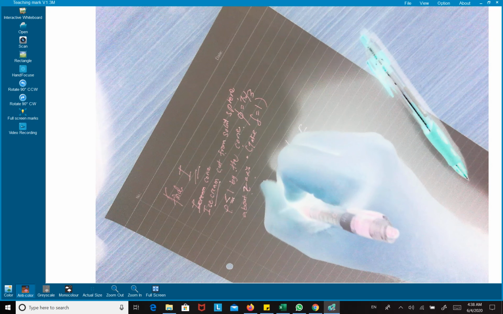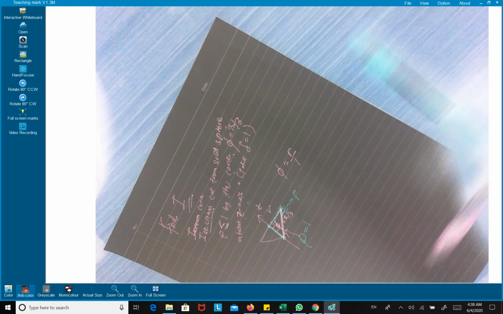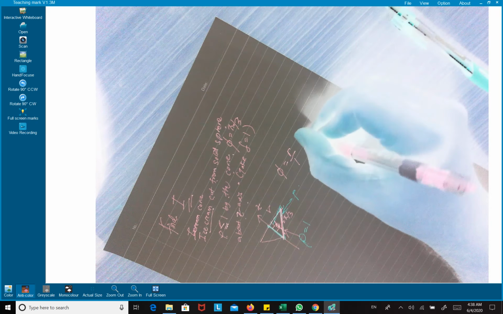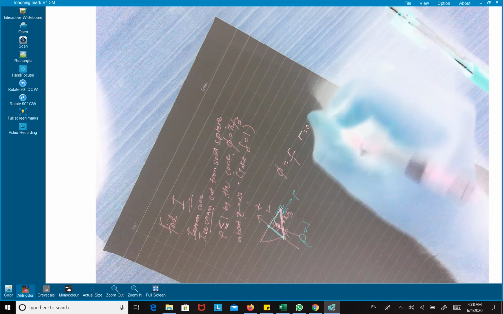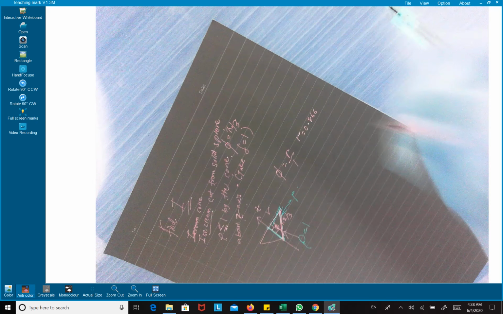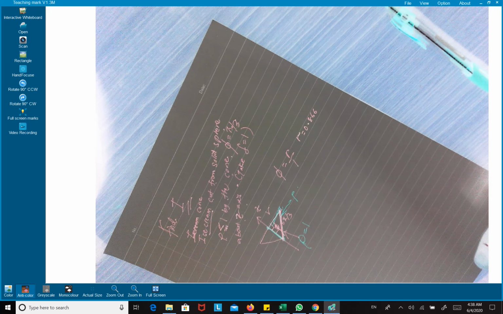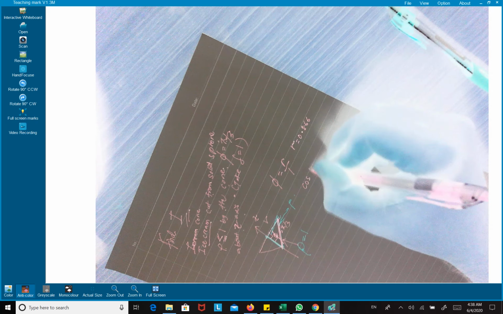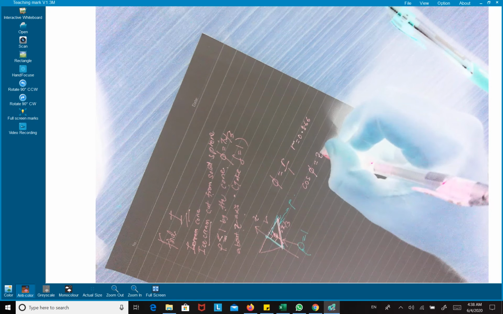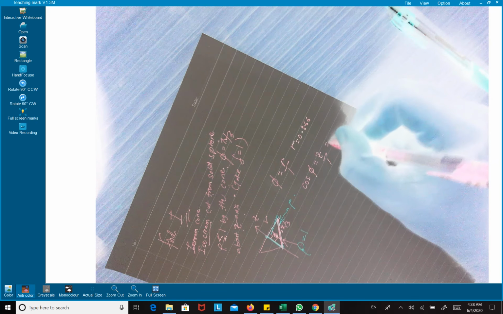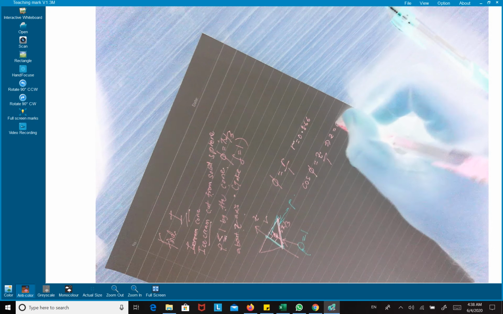This is a right angle triangle, so your r is 0.866. Cos phi is z over 1, so your z will be 0.5.